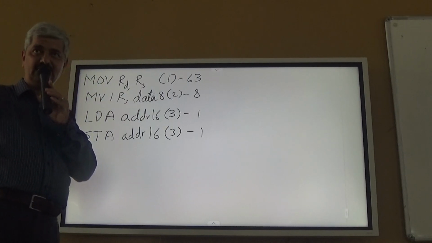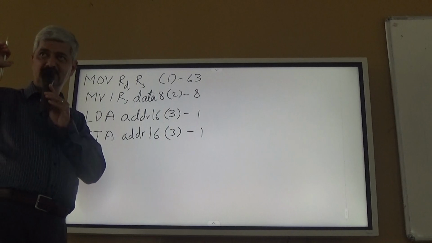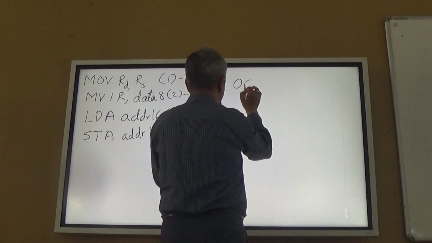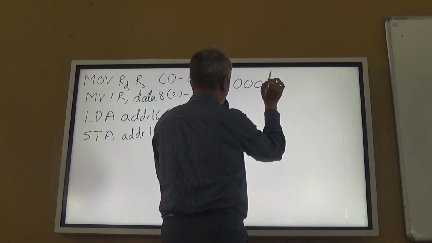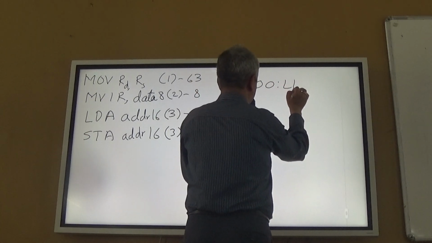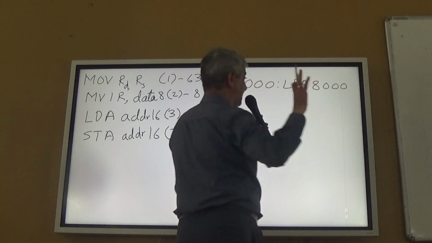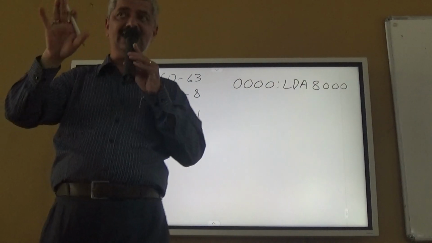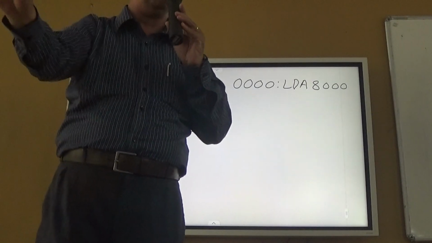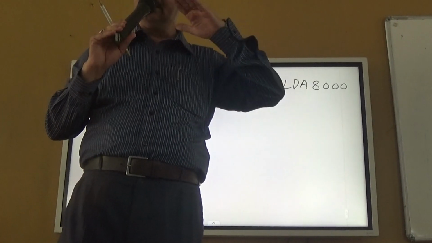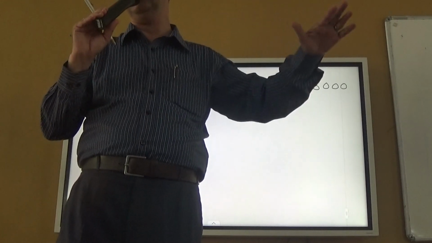Let us start with LDA itself. So immediately after reset at address 0000, LDA 8000. I don't write H anywhere. It means that everything is in hex only. The numbers which we refer to in this subject are hex numbers.